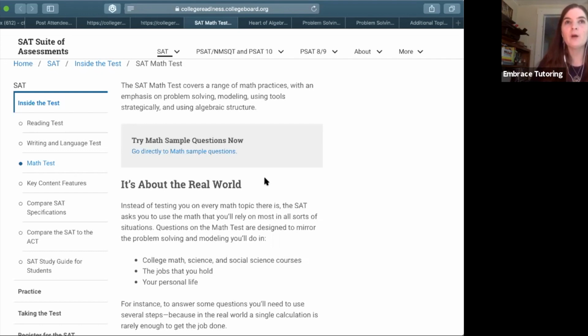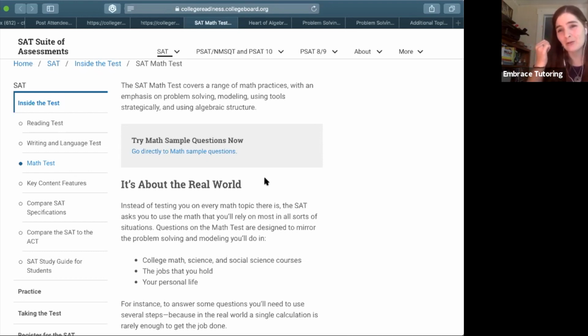figure out what the problem is asking, identifying key information, including annotating your questions, which I've talked to you about before. You want to make sure that you are finding what it is that they're actually asking you to solve for, and that you're identifying that information from the question so that you keep focus on what they're actually asking you to do.